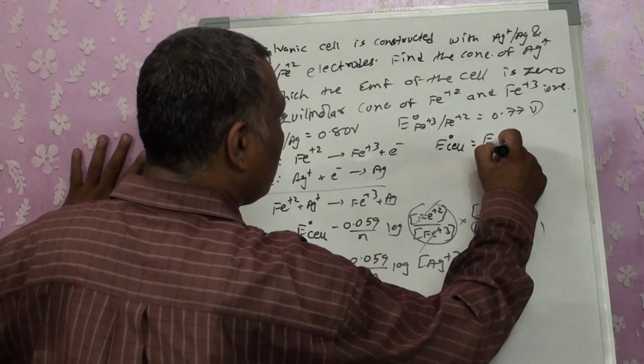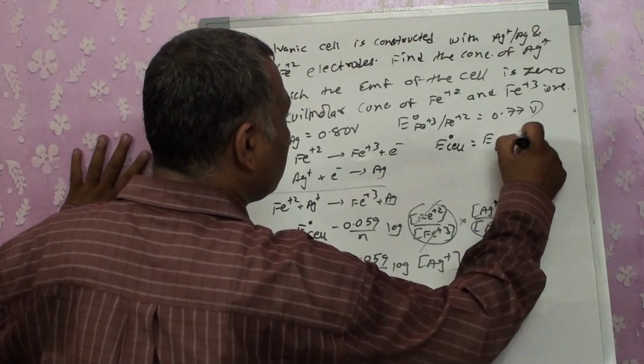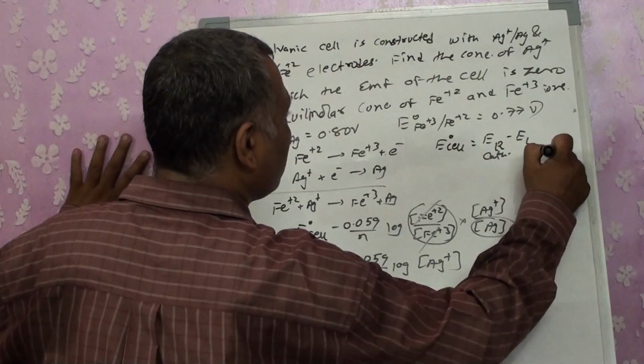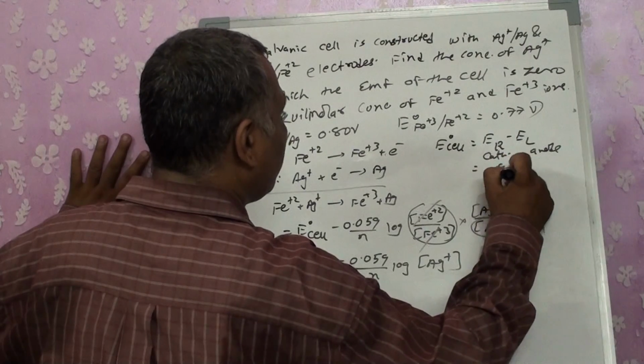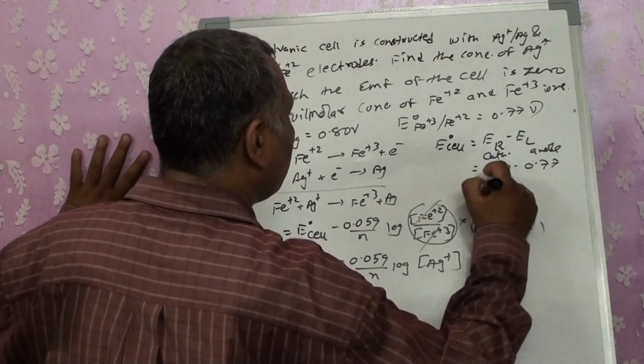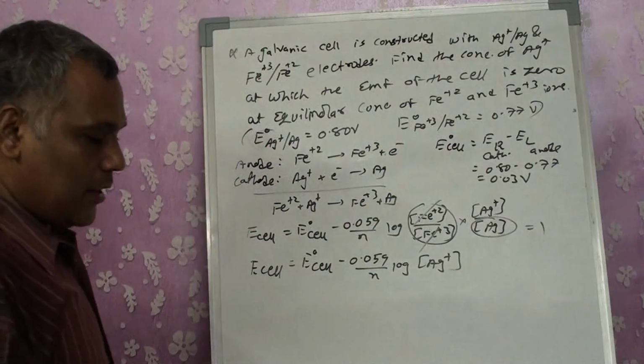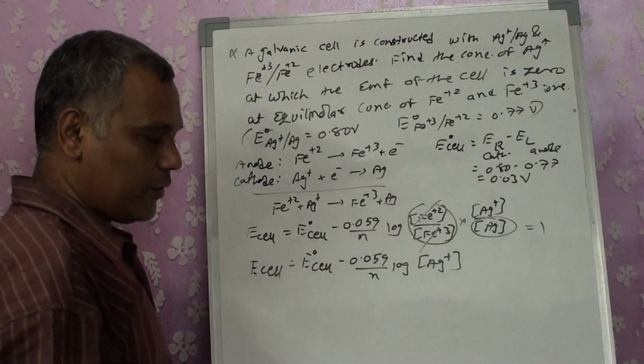E of right minus E of left, that is cathode minus anode. So we get 0.80 minus 0.77, that is 0.03 volt. So E naught cell is 0.03.